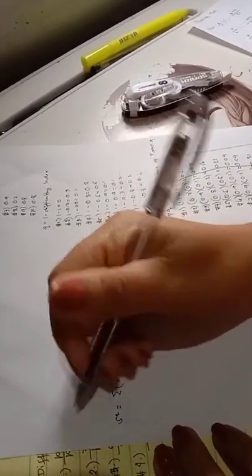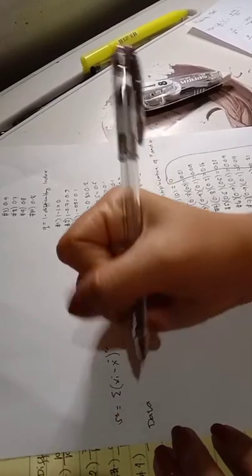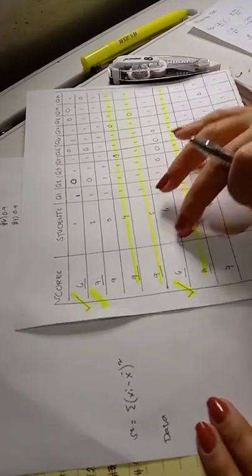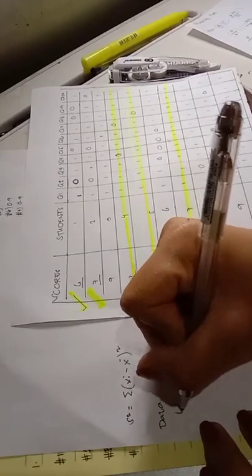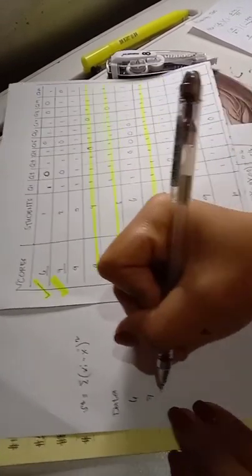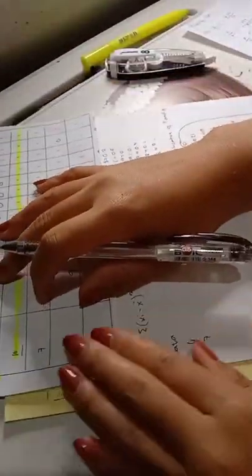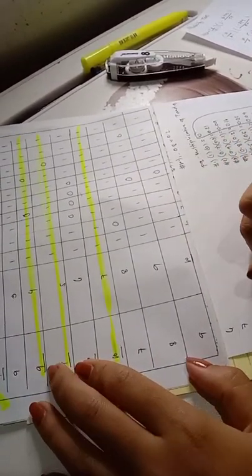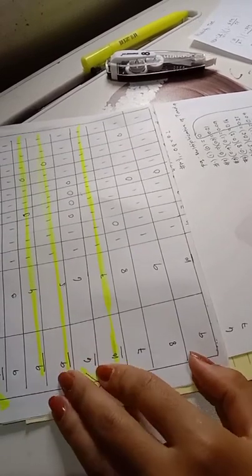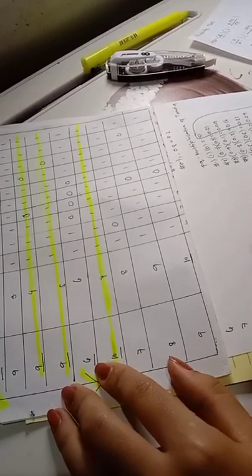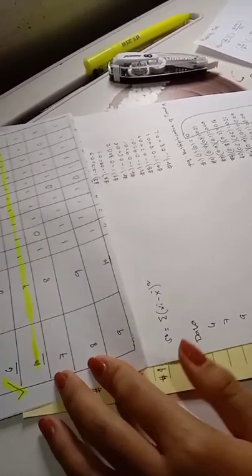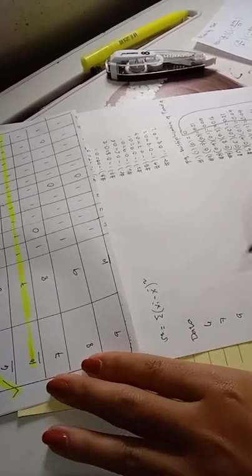So I have first to list the data. So I have to make a table for the data. My data here is the scores of the students. There are 6, 7, 9, 9, 9, 6, 10, 7, 8, and 9. So 1, 2, 3, 4, 5, 6, 7, 8, 9, 10.